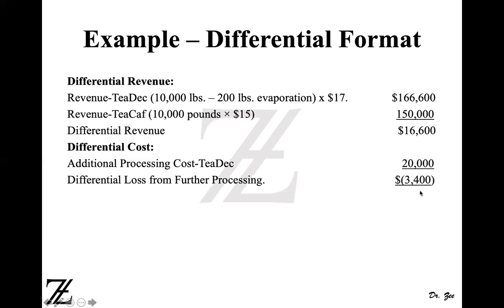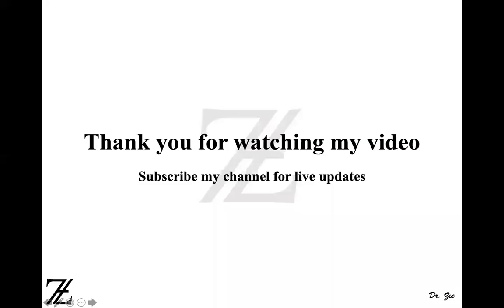In this case, it's a differential loss, 3,400 for further processing. You will lose $3,400 if you process it further. So based on quantitative consideration, do not process further. Based on qualitative consideration, look at it, evaluate, and see; even the loss should be okay if the qualitative consideration requires you to produce.